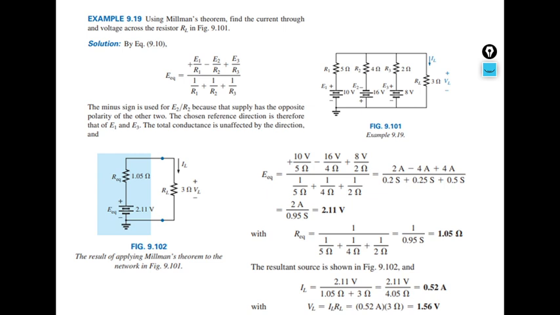So G1, G2, G3 we find: G1 means 1 by 5, G2 means 1 by 4, G3 means 1 by 2. And the equivalent voltage is the summation of Vn Gn by the summation of Gn, right? So this we can find out.